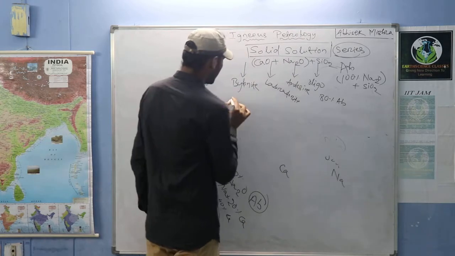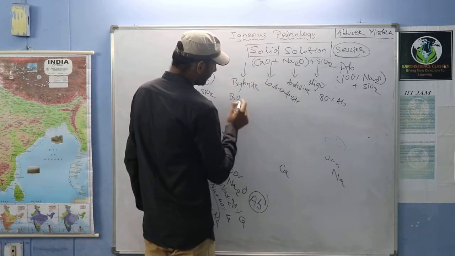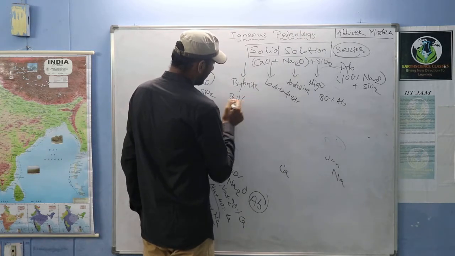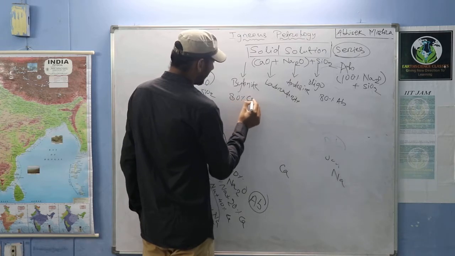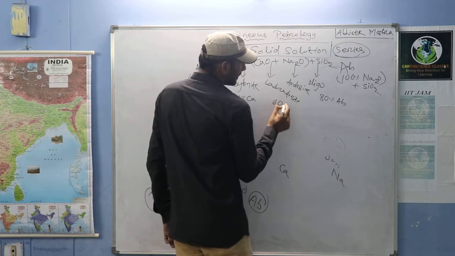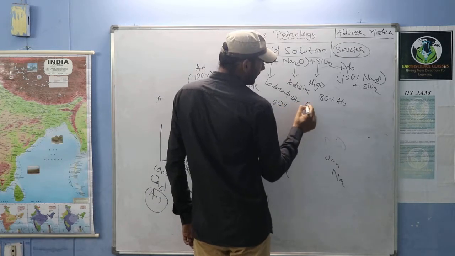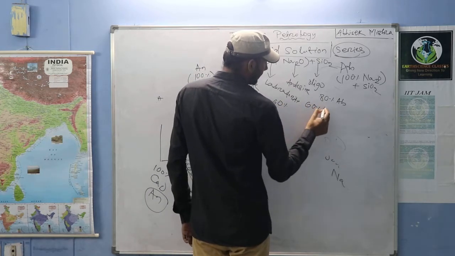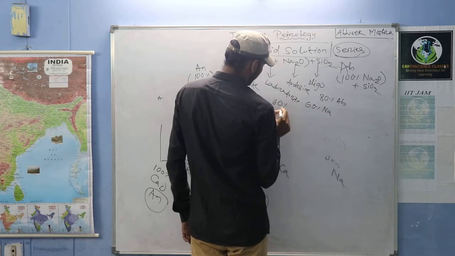In bytownite it is 80% calcium. In labradorite 60% calcium. In andesine 60% sodium.